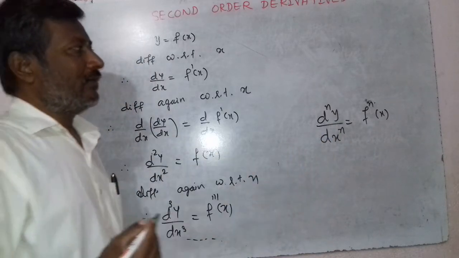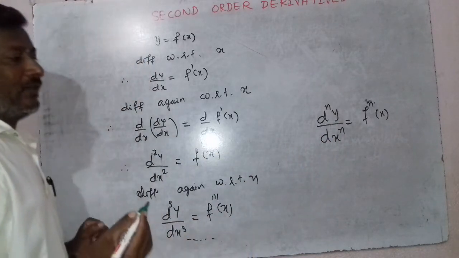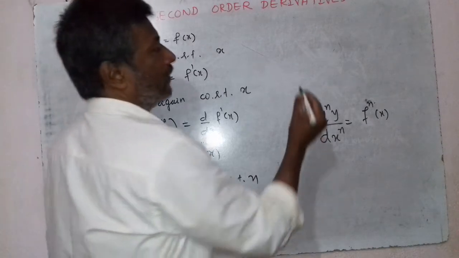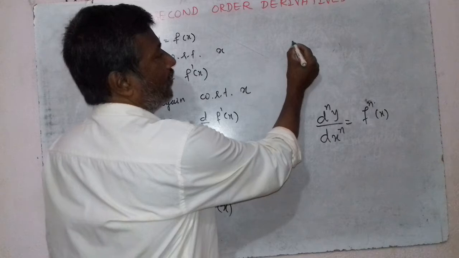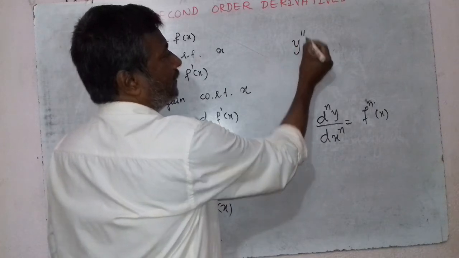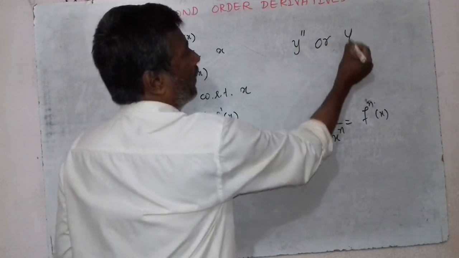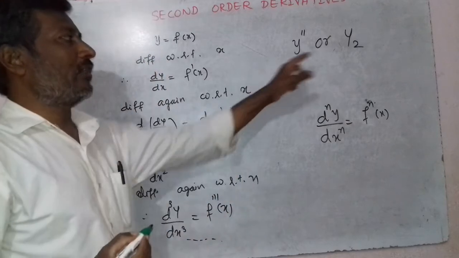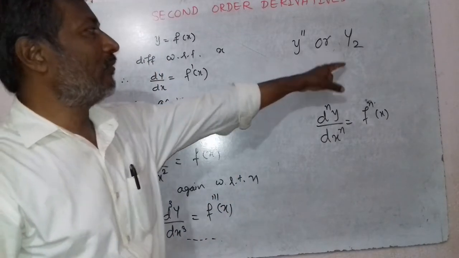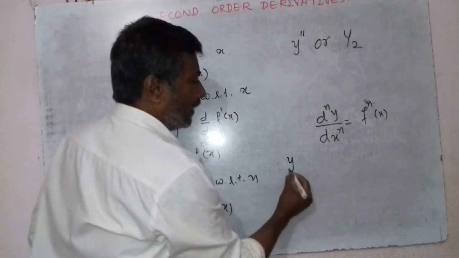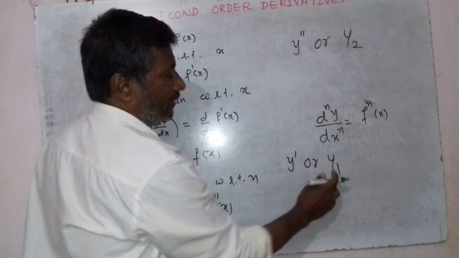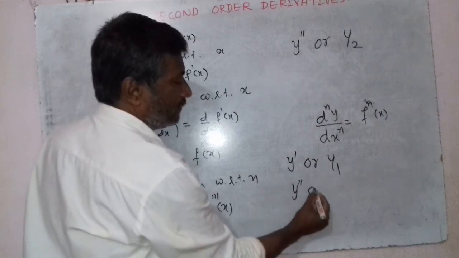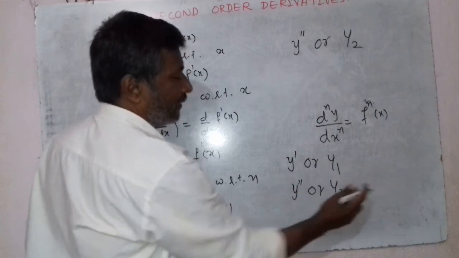The second derivative is also denoted by y double dash or y2. Second order is y2 or y double dash. Y dash or y1 is first order, y double dash or y2 is second order.